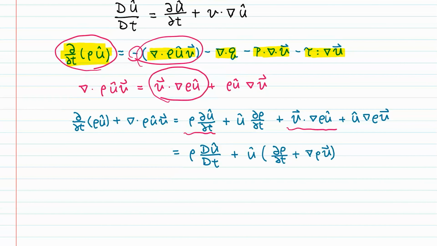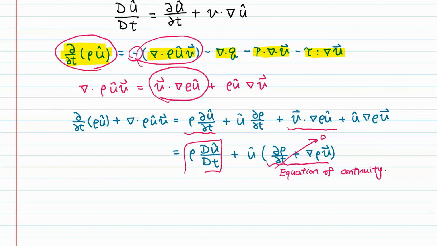The interesting part is that the second term within the parentheses actually equals 0, because this is the equation of continuity. So by combining the convective transport term with the left-hand side, we are left with just the substantial derivative term.